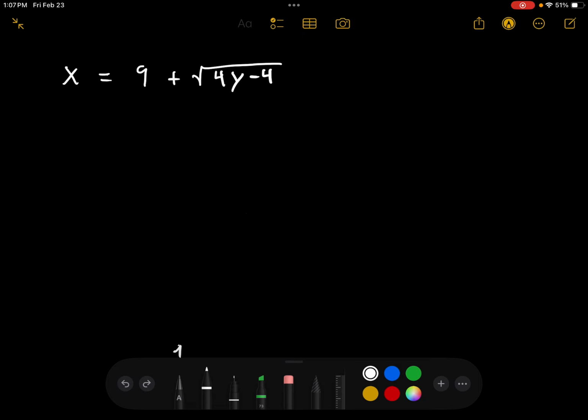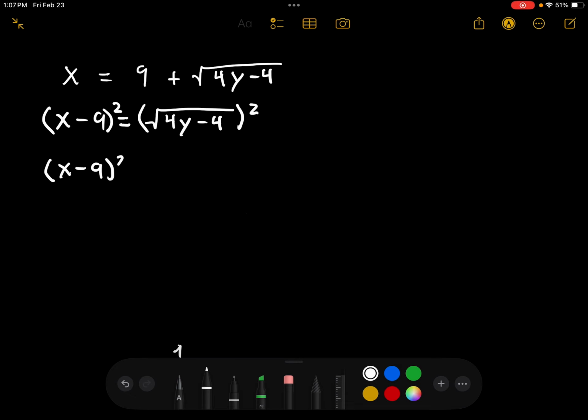Now, what I can do now is first, I need to isolate the radical. So we're going to subtract 9 from both sides. We have the square root here. Remember, I'm solving for y, so how can I get rid of the square root? We can square both sides. And though I could FOIL this, I am not, all right?